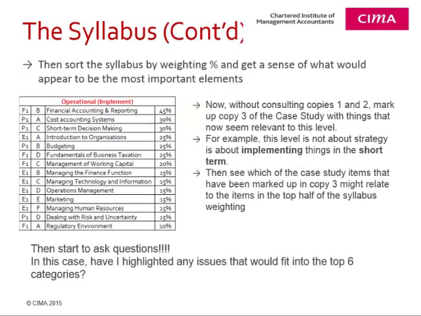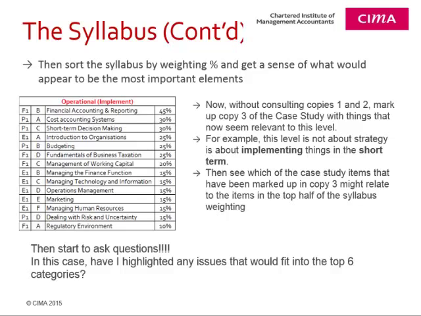So what I would do is take these elements of the operational level and sort them by the weighting percent and get a sense of what would appear to be the most important elements. And you can see that 45% of F1 is financial accounting and reporting, cost accounting, short-term decision making, organizations budgeting, business taxation.